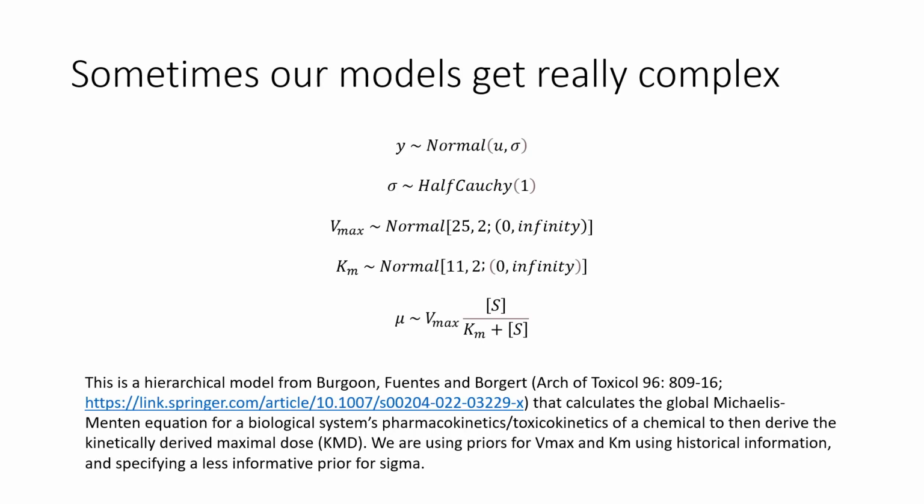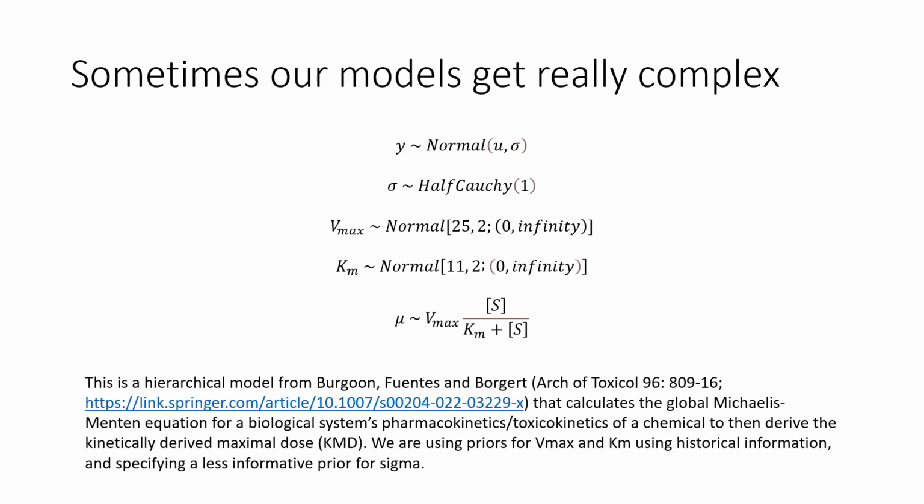Now we can also do really, really complex models. This is a model here that we used. It's what we call a hierarchical model. We published it in a paper with Claudio Fuentes and Chris Borgert in the Archives of Toxicology recently. And what we're trying to do here is calculate this bottom thing, which is mu, the global Michaelis-Menten equation for a biological system's pharmacokinetics or toxicokinetics of a chemical.